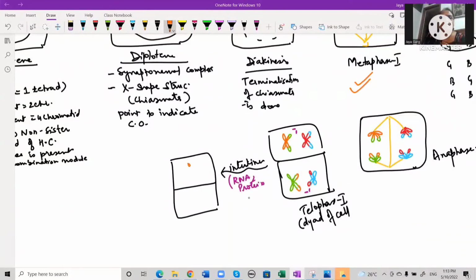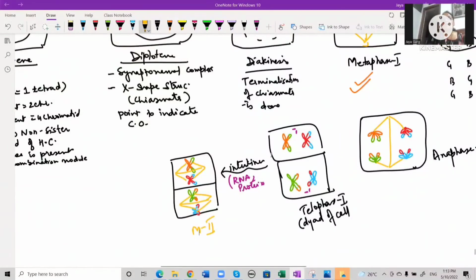Let me draw the diagram. This is your metaphase 2.